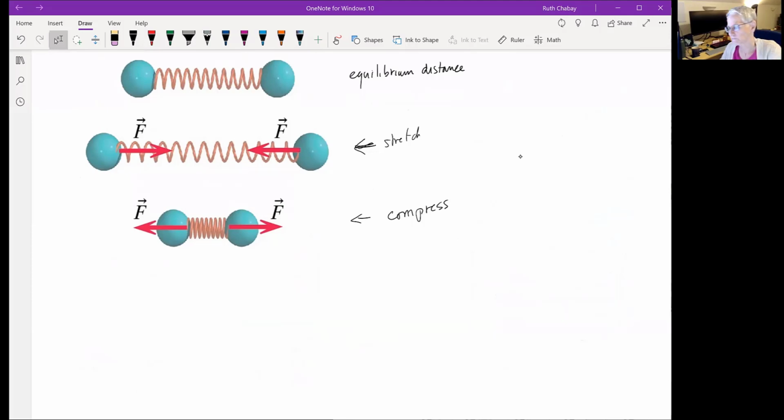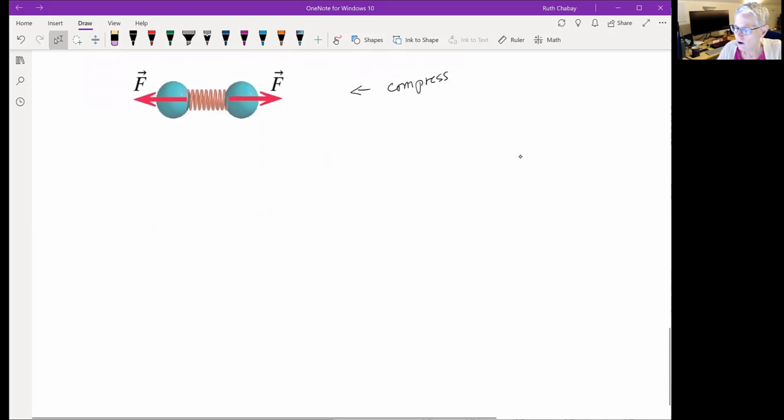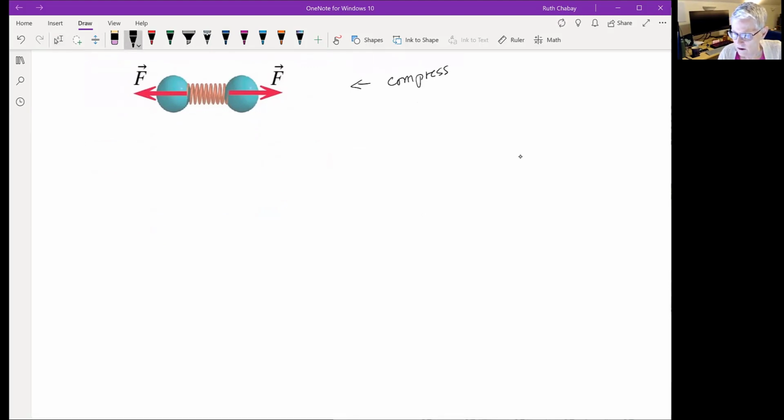But they're enough. And there are an awful lot of these bonds getting compressed or stretched these tiny distances, and they add up to very big forces. So our goal for this lecture is to find out the characteristics of this spring-like bond and objects made from them.